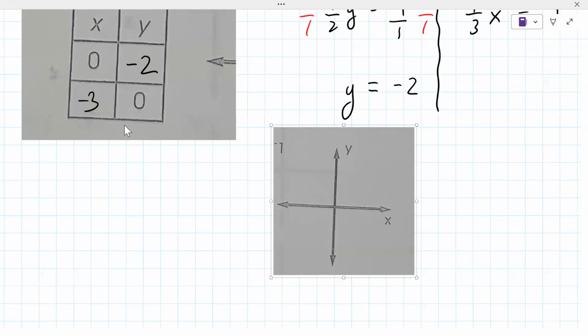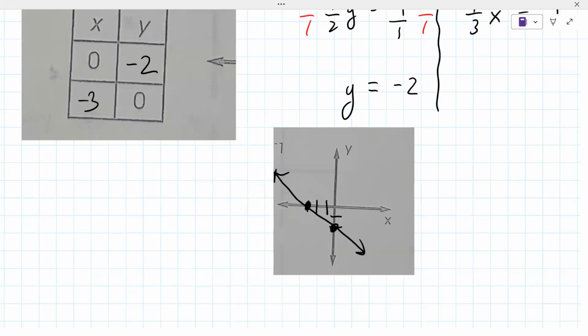Let me know when you got something down. Okay, I'm done. All right, negative 2 is down there. That's the first point. Negative 3, 0 is there. Does your graph look something like that? Yeah. Perfect.